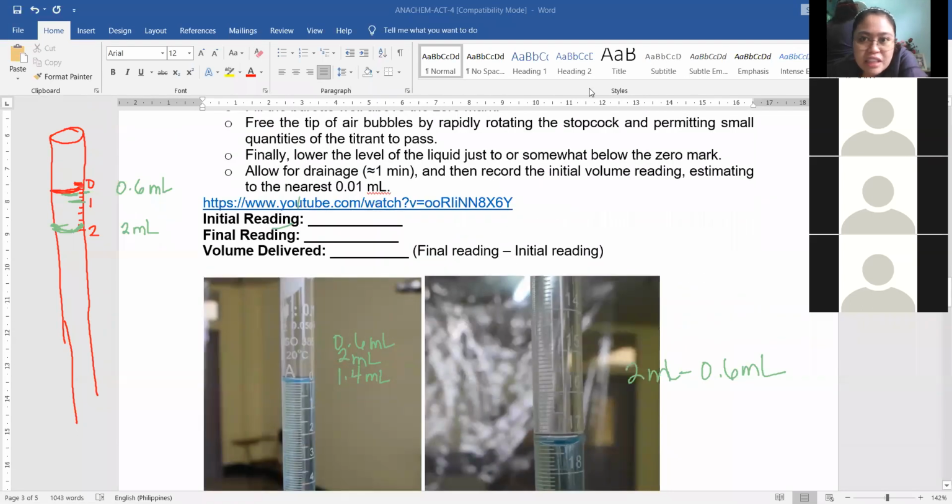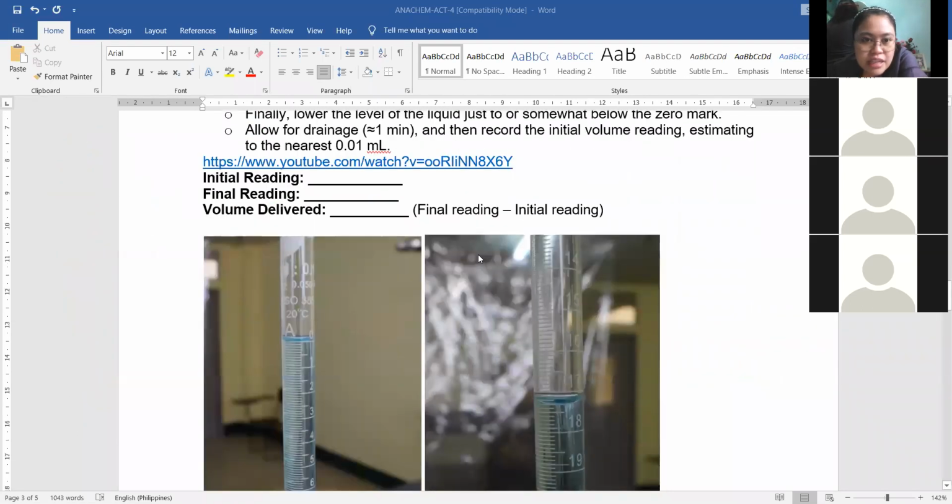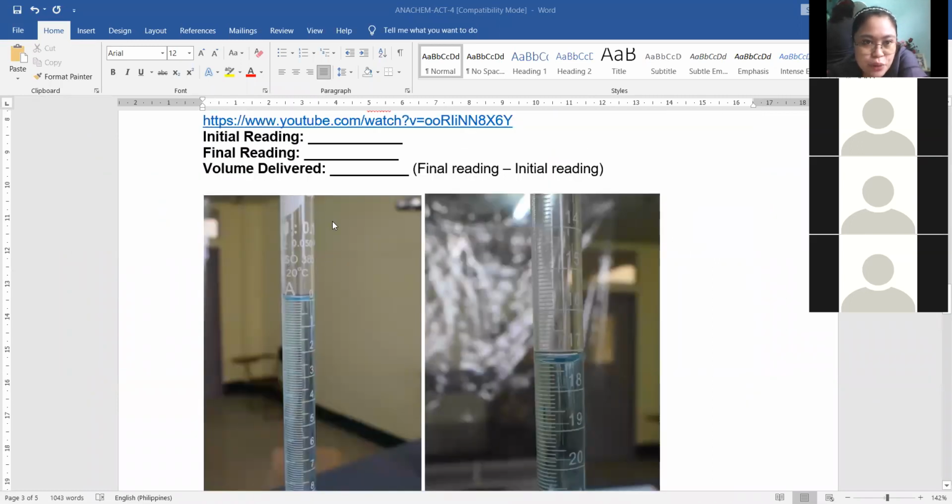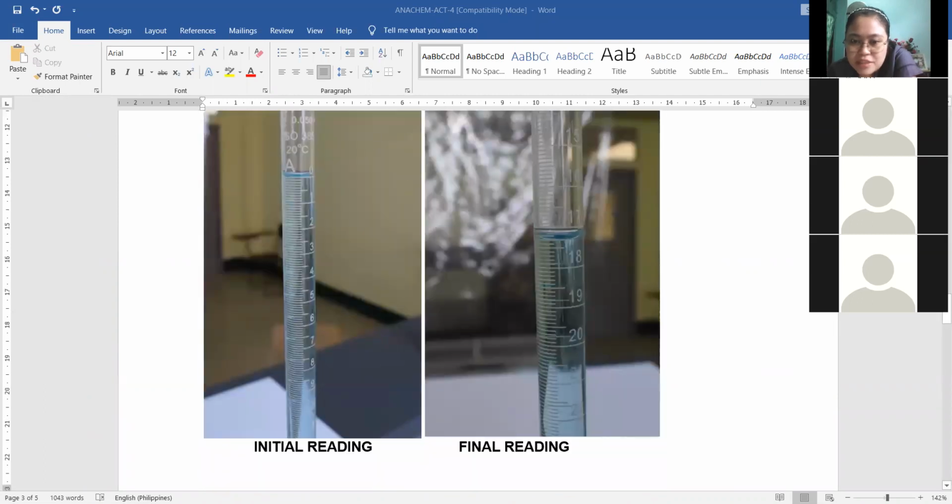So sa activity ninyo, class, ito yung magiging picture niyan. So, basahin niyo kung what will be the initial reading for here. Take note that this is a clear solution, so you have to use the lower meniscus. So, isulat niyo dito yung initial reading. Tapos, dito naman, yung second picture will be the final reading.